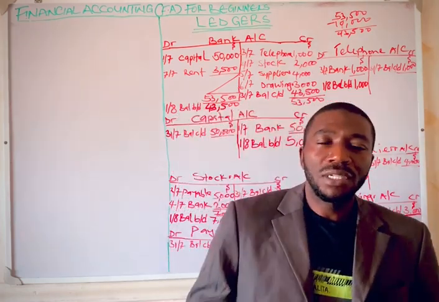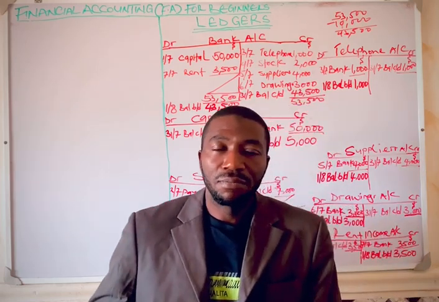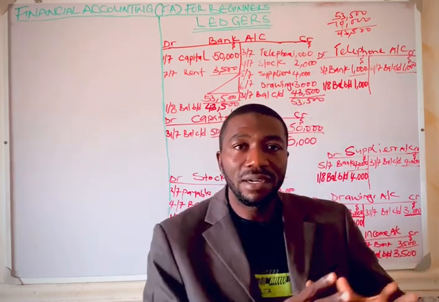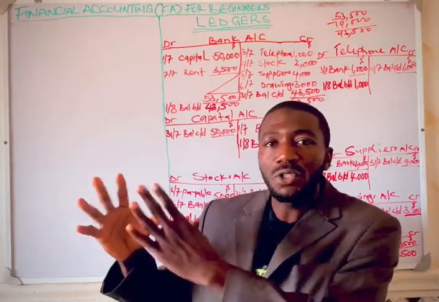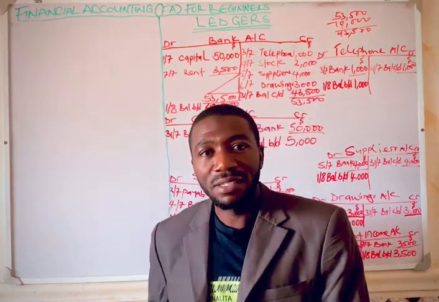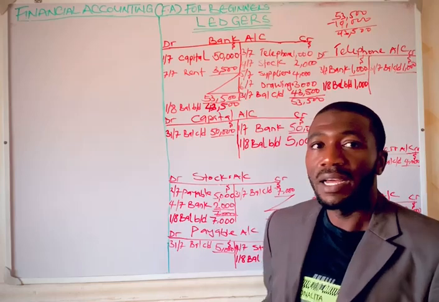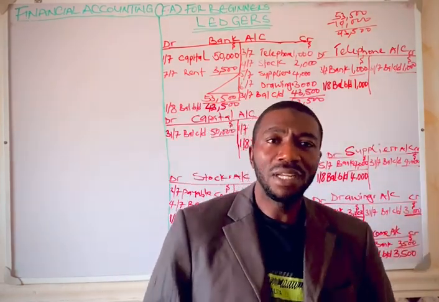So our trial balance is in the form of debit balances and credit balances. We sum up the debit balances of our ledgers, and we also sum up the credit balances of our ledgers.